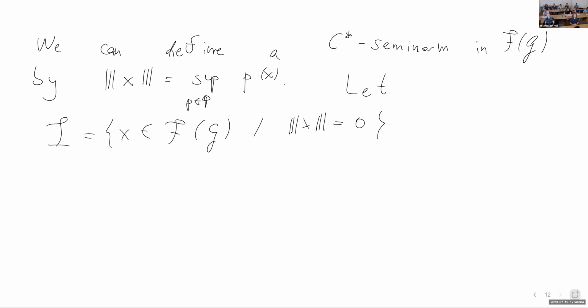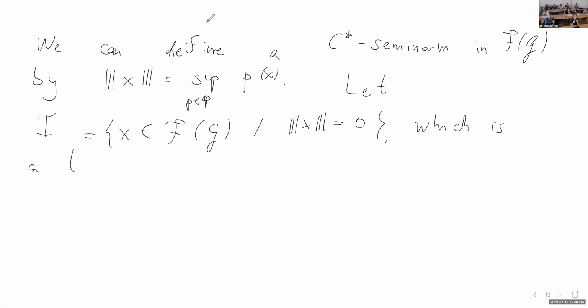It's easy to prove that it's an ideal because this triple seminorm of the product is less or equal than the product of the seminorms. It's one of the properties. This is an ideal.